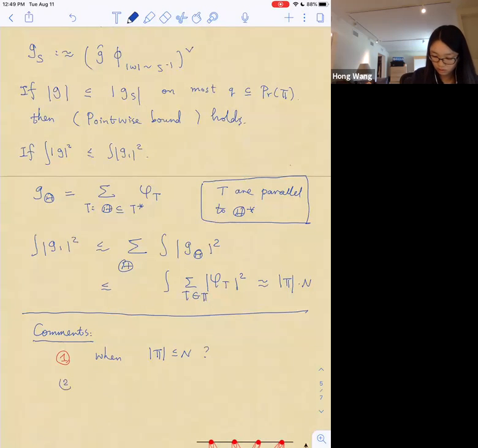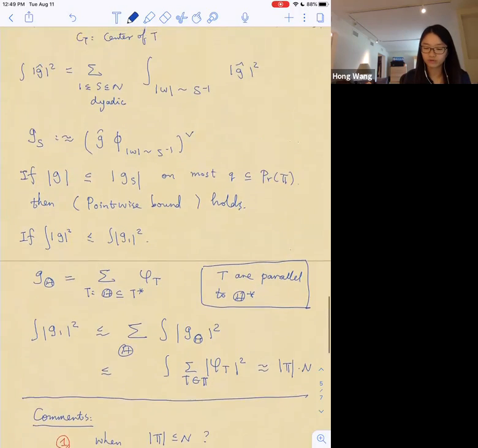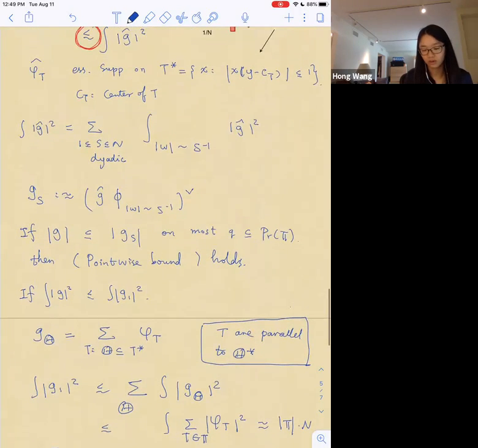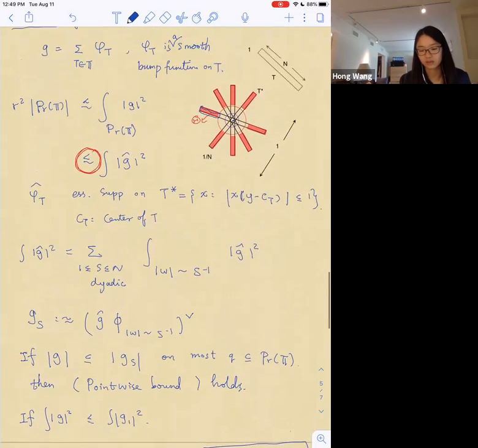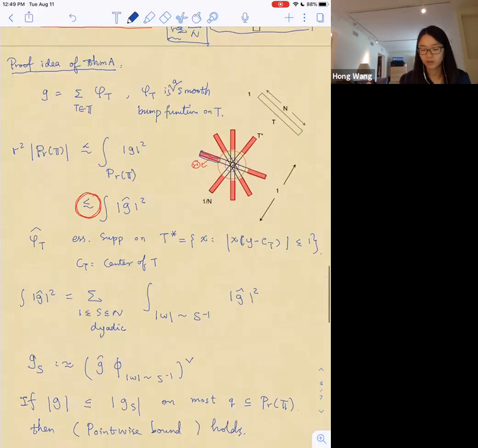So another question is about higher dimensions. If we repeat the whole proof for higher dimensions, we can have some estimate. But this estimate usually is not so good. The reason is that in higher dimensions, when we consider T star, here in 2 dimensions, the T star is a tube, a dual rectangle. But in higher dimensions, the T star will become a plate.